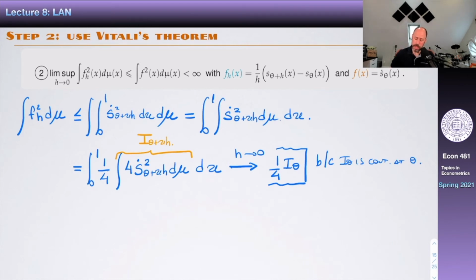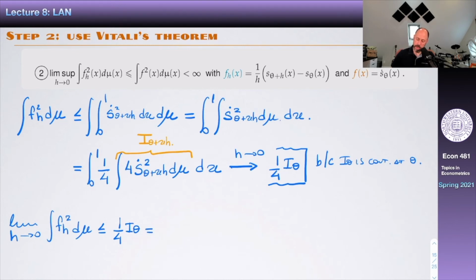All right, so then you put things together and you have that the limit as h goes to 0 of the integral of f_h squared d mu is less than or equal than 1/4 the Fisher information at theta.